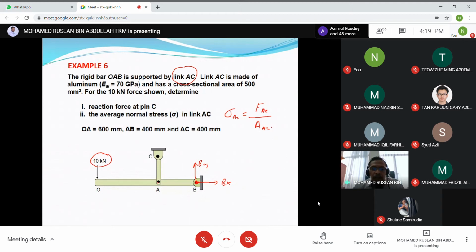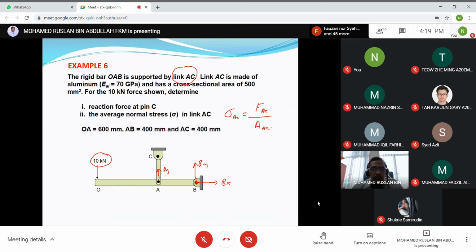And at point A, because of the two force member, the link, let's say we assume this is Ay, or maybe you can put it here Ay downward instead of upward. It's up to you. So from here we can see that the only component in x direction is Bx.